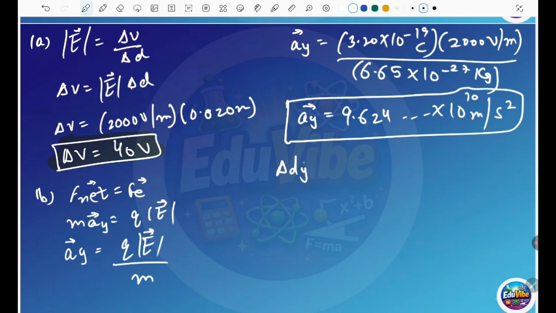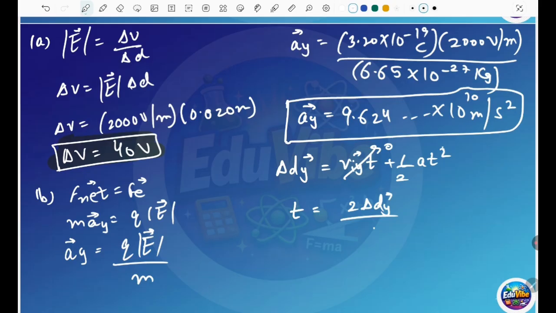So delta dy is equal to viy t plus half a t squared. This goes to 0 because viy is 0. For that t, which is delta t, it is equal to the square root of 2 dy divided by ay.